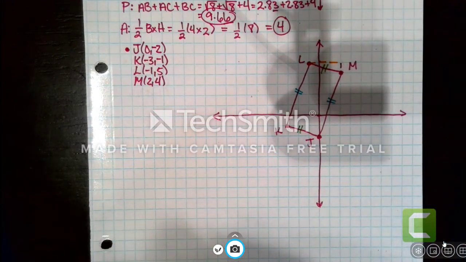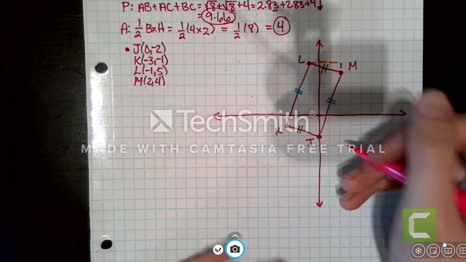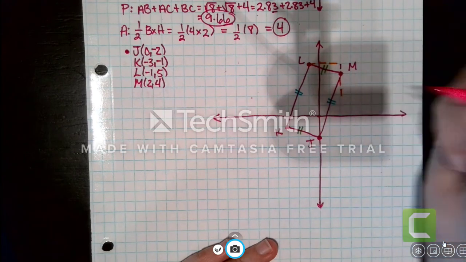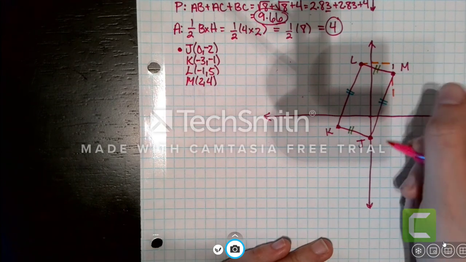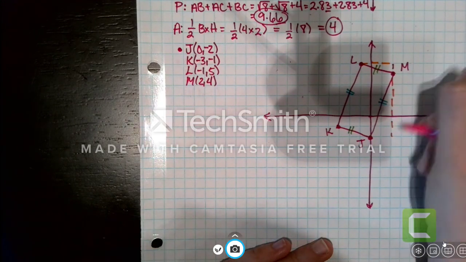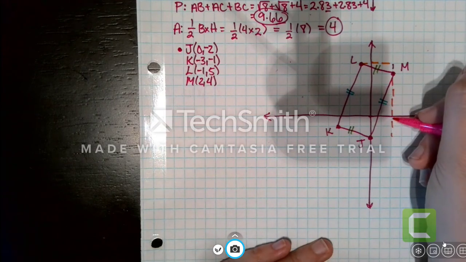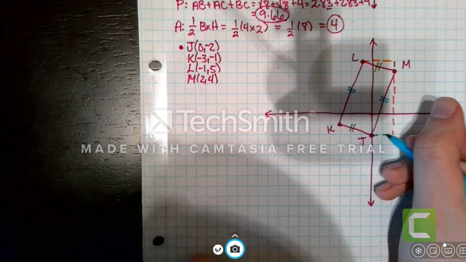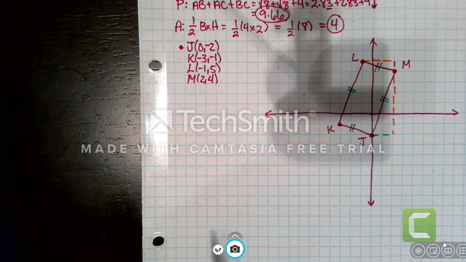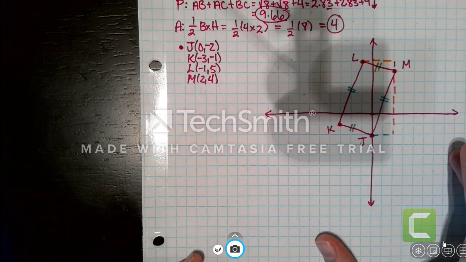And our vertical distance is about 1. For JM, our horizontal distance is about 2, whereas our vertical distance is about 1, 2, 3, 4, 5, 6. So we have quite the difference here. But again, we only have to find it for 2 sides since we know that we have congruency here. Save yourself the work. If you can find a way to do less work in math, make sure you do it because there are shortcuts allowed to you.